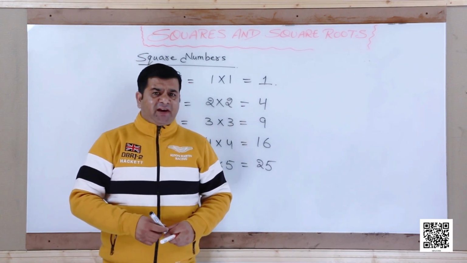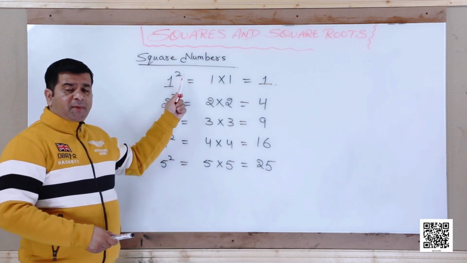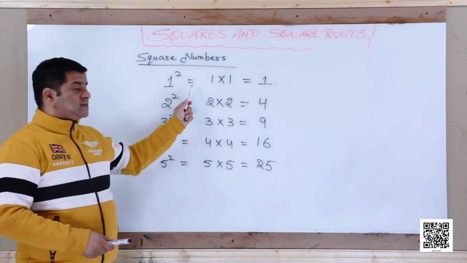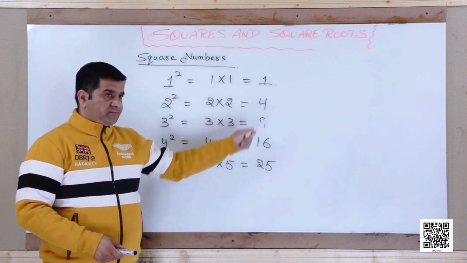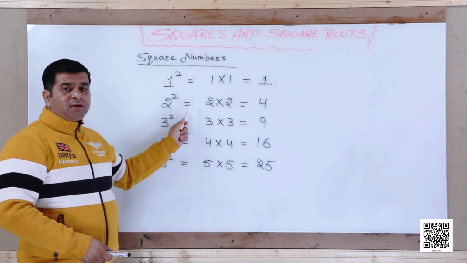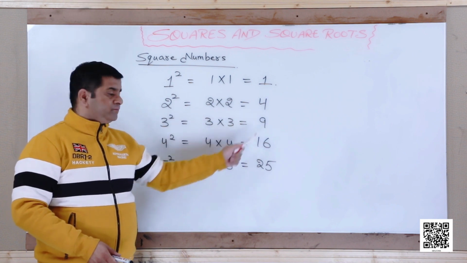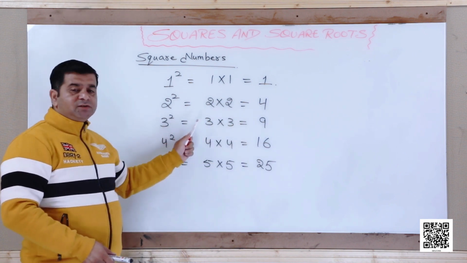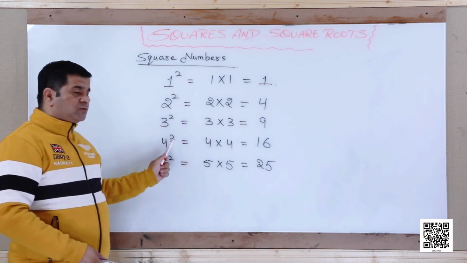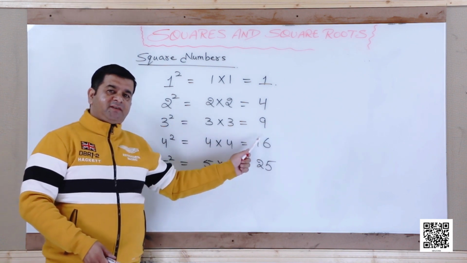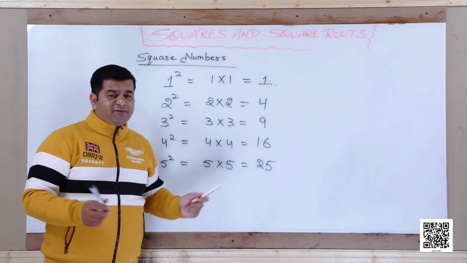Students, as we have studied in exponents, 1 raised to power 2, that is 1 square, is 1 multiplied by 1 and it gives us 1. 2 square is 2 times 2, that is 4. 3 square is 3 multiplied by 3, that is 9. 4 square is 4 times 4, that is 16, and 5 square is 5 times 5, that is 25.